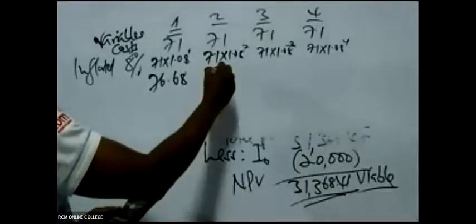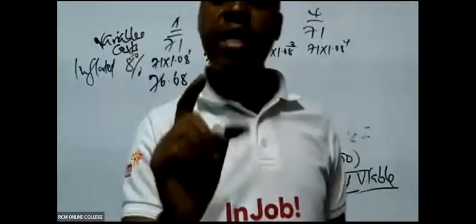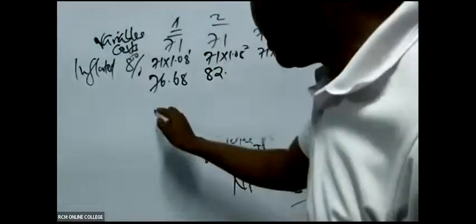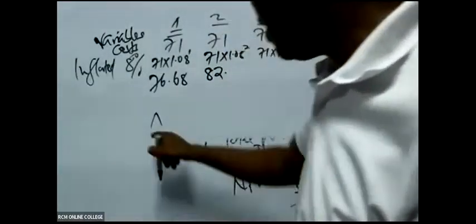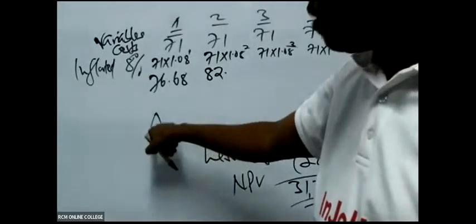I hope you can see on your calculator where the raise button is. It is an arrow like this. You just press this and then write the power. If it is raised to 1, you write 1. If it is raised to 2, you write 2, like that.